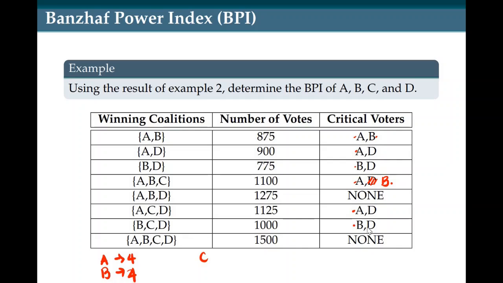C is 0. D, 1, 2, 3, 4. So if we sum this up, 4 plus 4 plus 0 plus 4, that is equal to 12, and this would be our denominator of the Banzhaf Power Index.